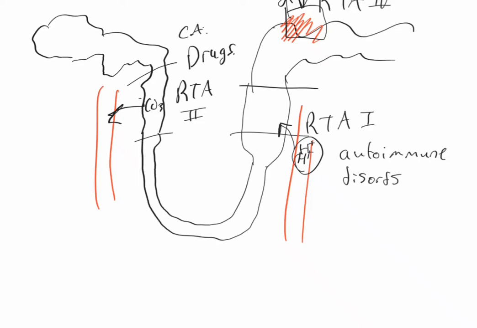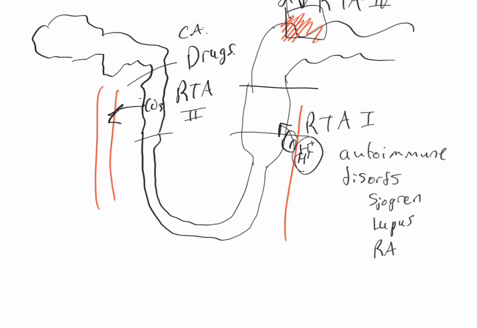This includes Sjogren, lupus, and RA, to name a few. Since they're autoimmune disorders, these are antibody mediated. Antibodies are in the blood, so they're binding from the blood side and preventing things from getting in. So this is impaired hydrogen secretion.